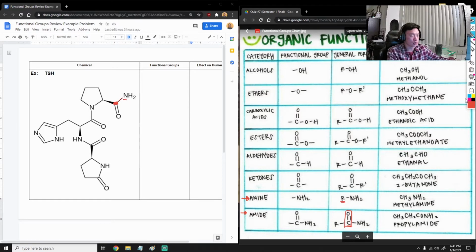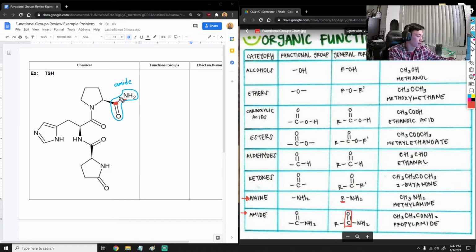So this part right here, I'll do it in blue, is going to be an amide, because it's a nitrogen directly connected to a carbon that's double bonded with oxygen.